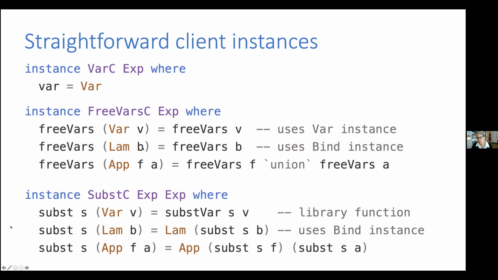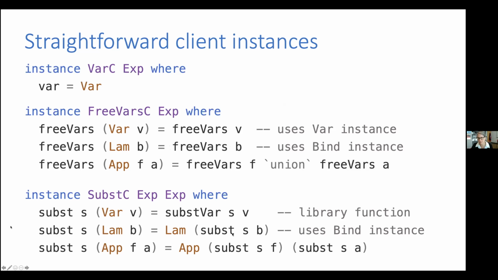The library knows how to calculate the free variable of a binder, given that it knows how to calculate the free variable of the body of the binder. It takes care of figuring out, subtracting out the variable bound at that binder. It knows how to do that. And so here we're just using the instance of the free variable class for the binder directly.